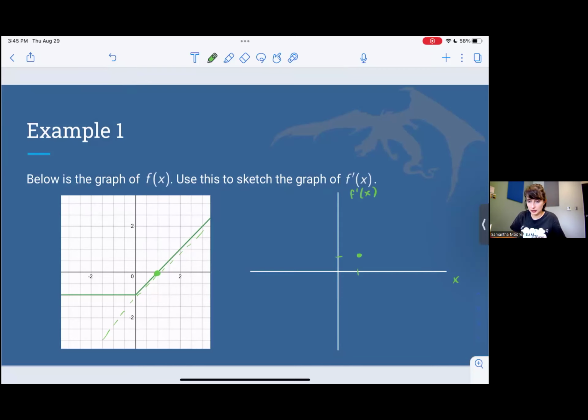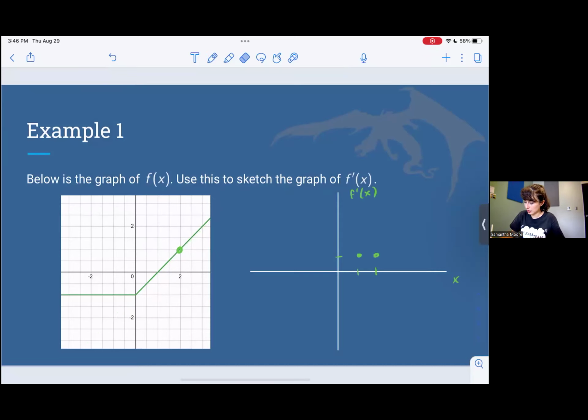Okay, what about at x equals 2? If I instead look at x equals 2, and I look at my graph, and then I draw the tangent line. Oh, it looks like I've drawn the same tangent line. So the slope is still going to be 1. So at 2, the slope of the tangent line is 1. And so forth.